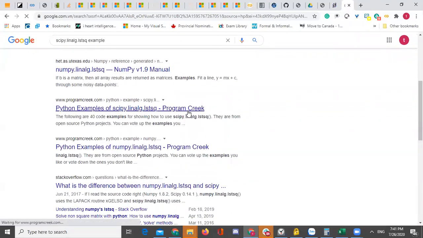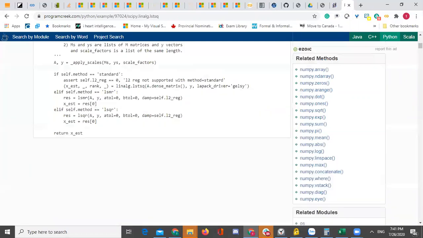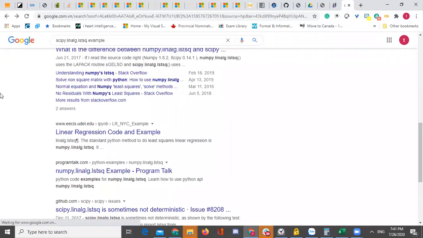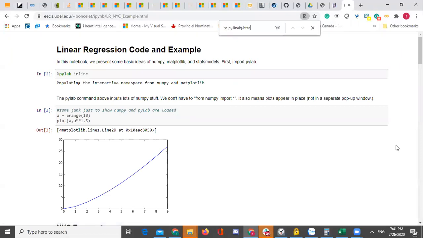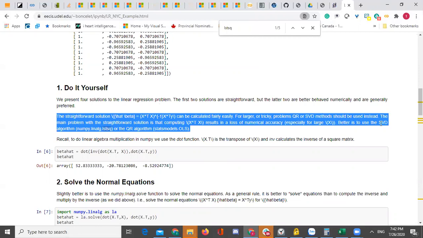Okay, I think this one will be good. Use this. Oh, so this is the SVD algorithm.